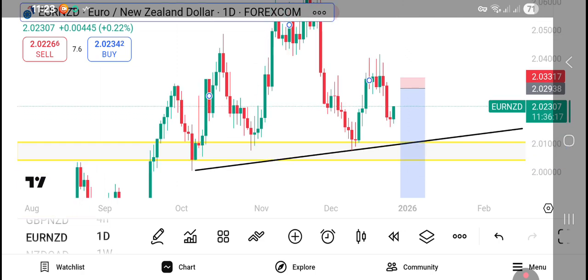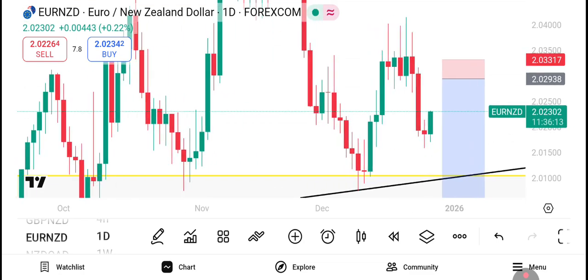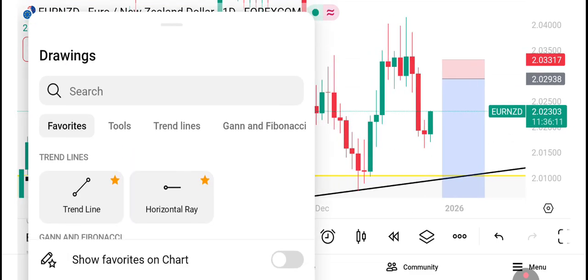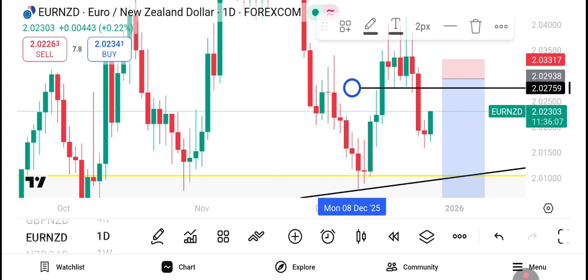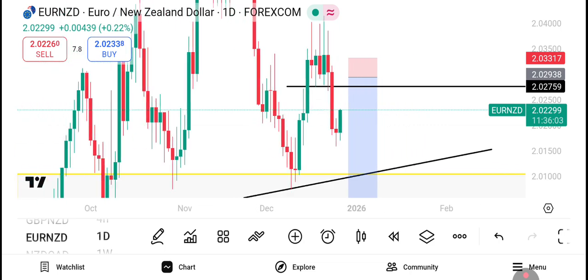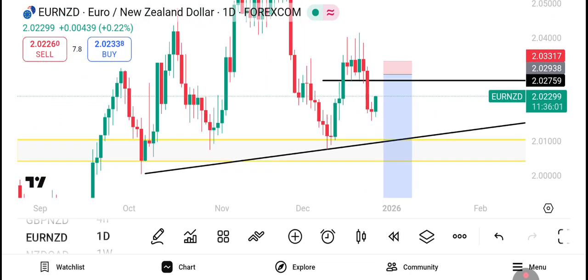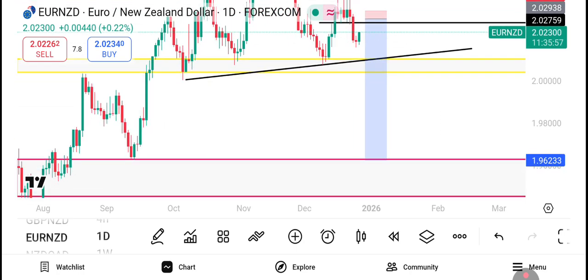I'm waiting for this market to fill up this imbalance over here. Then we're waiting for us to take the sell to this level before we can look over to the next step which the market wants to create.